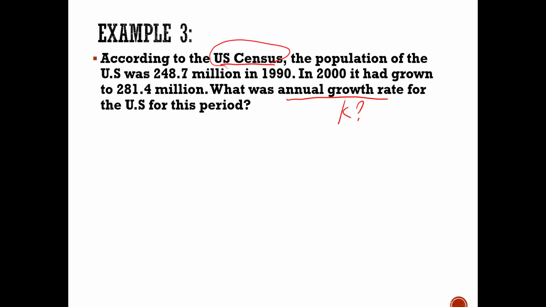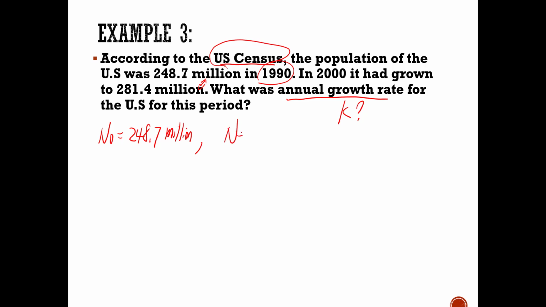And let's see. In 1990, we treat it as the initial population. So N0 equals 248.7 million. Now we don't want to expand it into standard form. It's okay, we can, because the units are the same for the initial population and ending population, so we're okay. And then in 2000, the population has grown to 281.4 million.